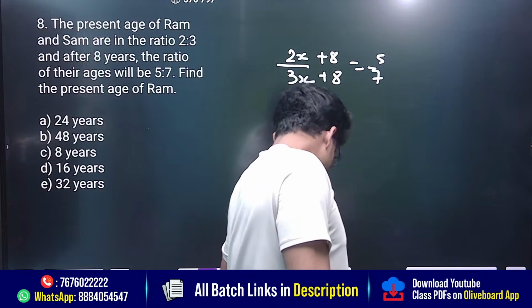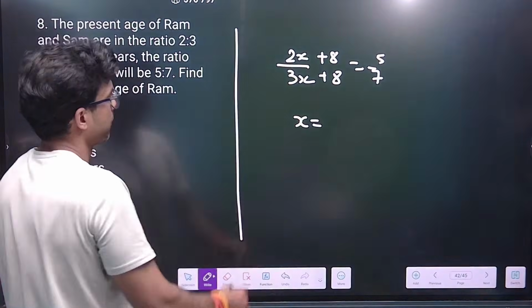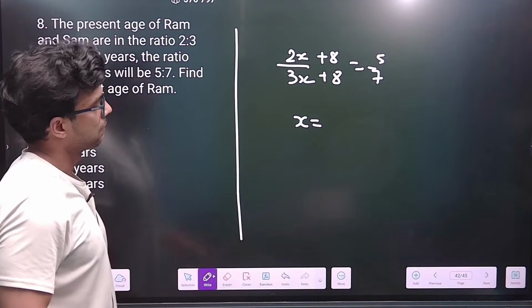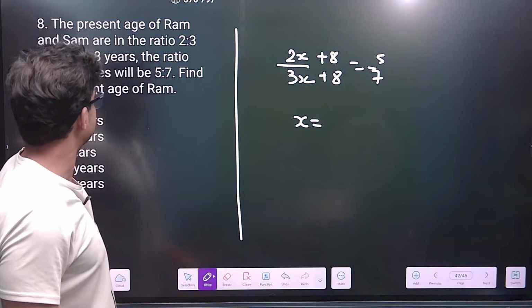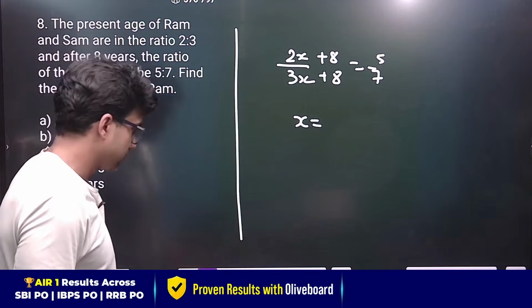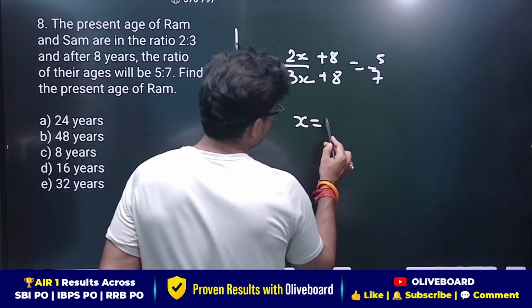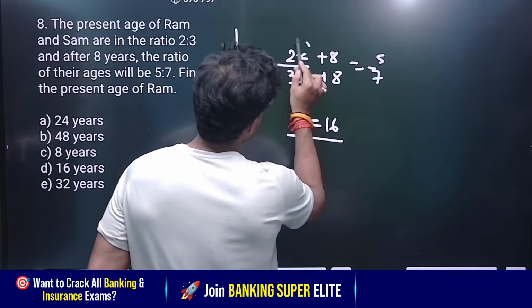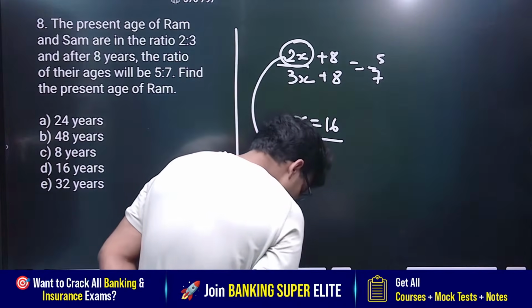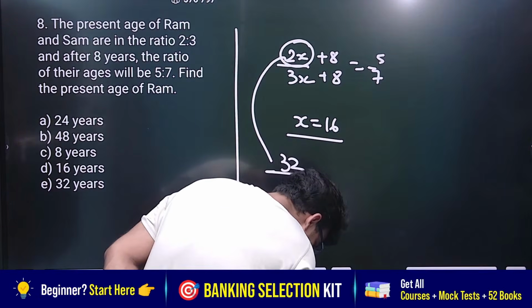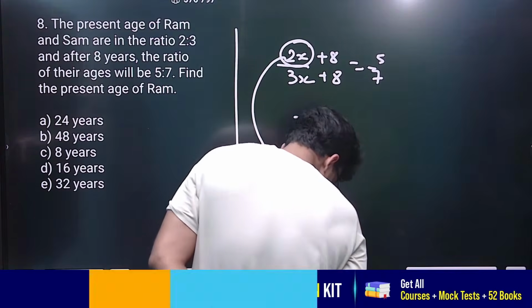The value of x I'm asking, guys. 16. Because if x value is 16, then 2x would be 32.